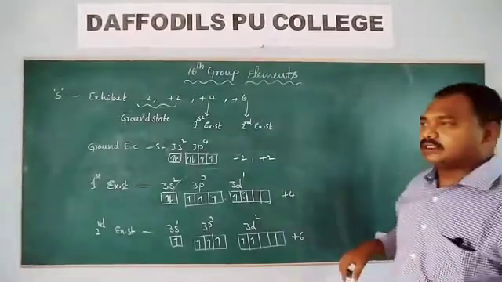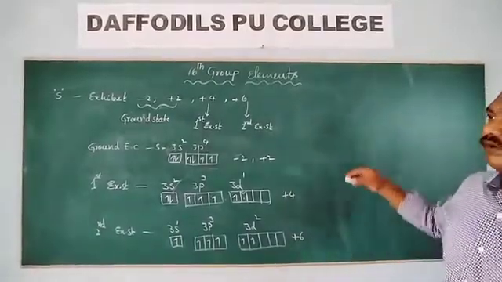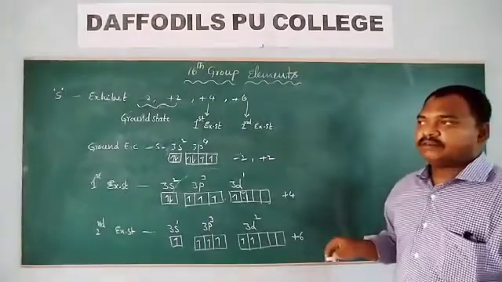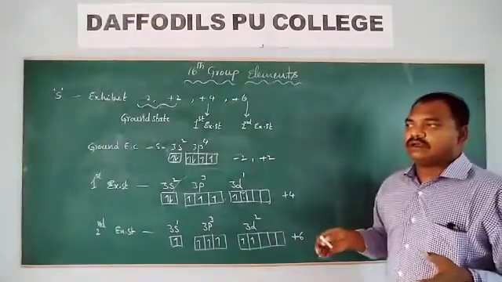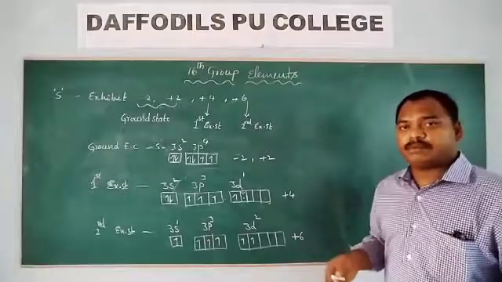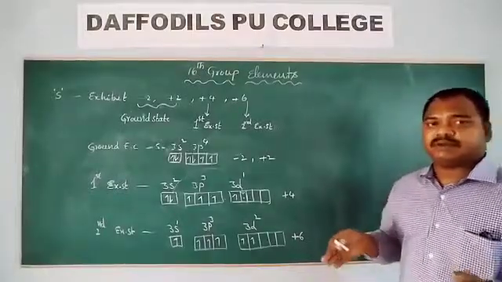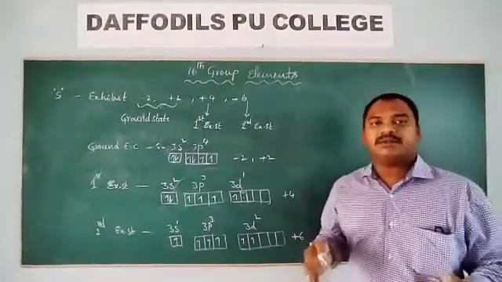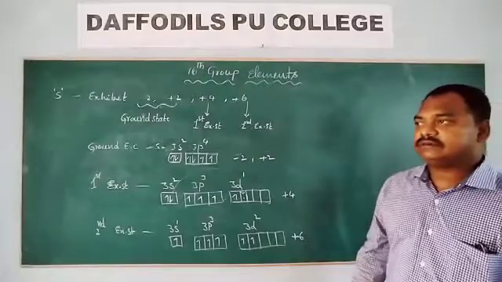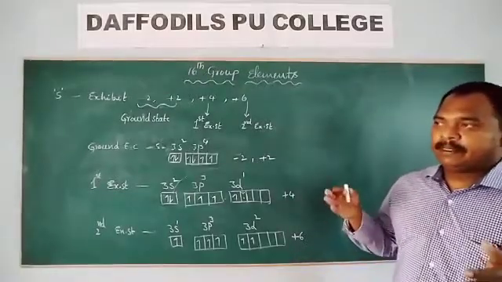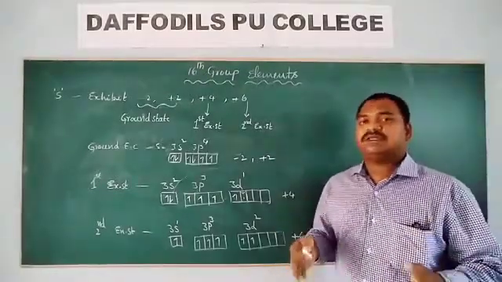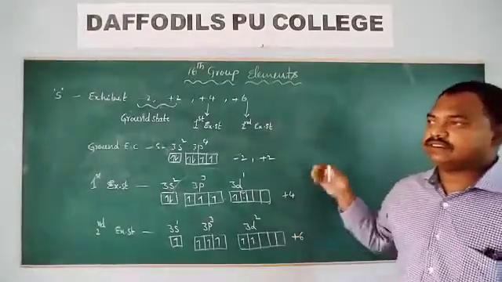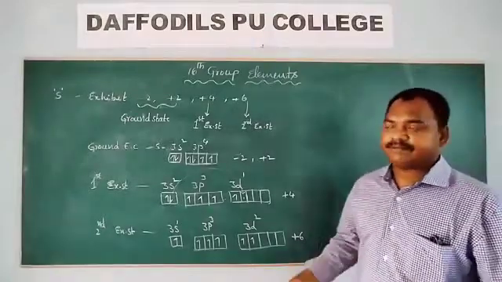This next topic is anomalous behavior of oxygen. Why does oxygen show anomalous behavior? What we know is that all the elements present in a group show similar properties, but oxygen shows some different properties than the other elements in the same group.